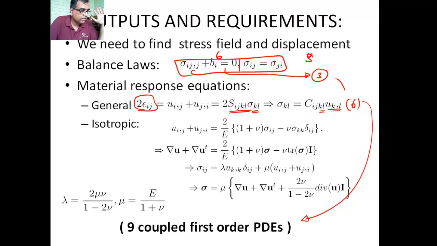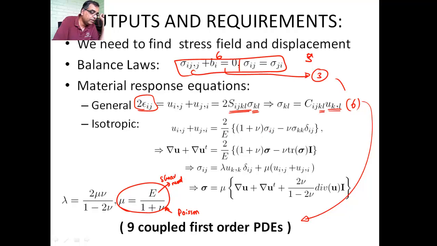For isotropic materials, we can write it in many different ways because we are going to use it in every way. We have to make sure we understand. For an isotropic material, the shear modulus is E over 1 plus nu, where nu is Poisson's ratio. This is the shear modulus.